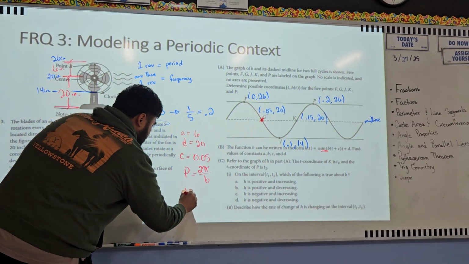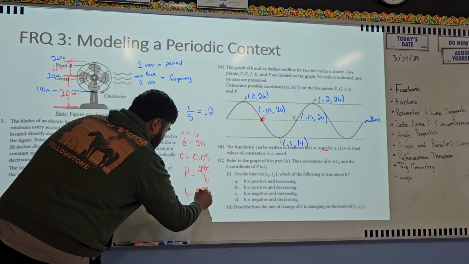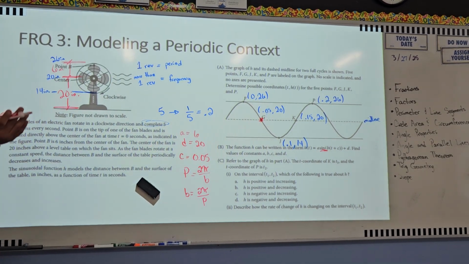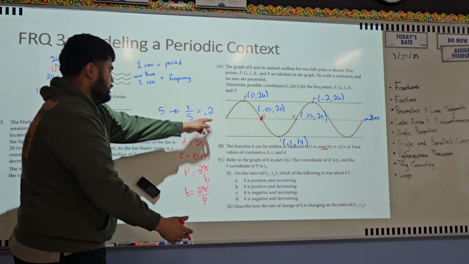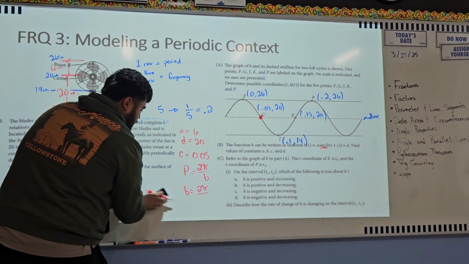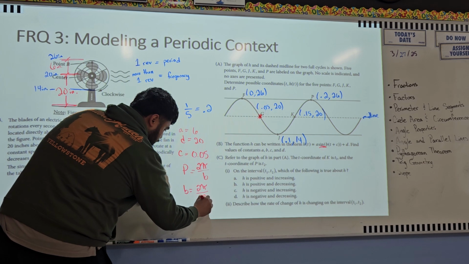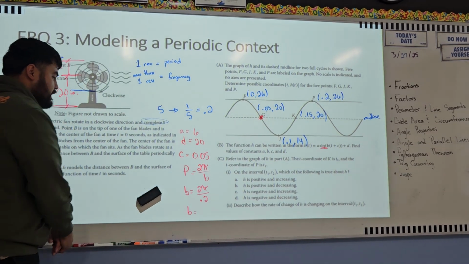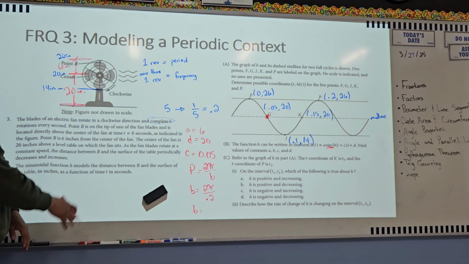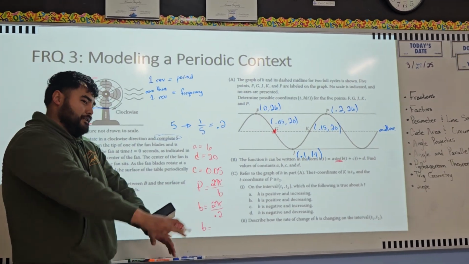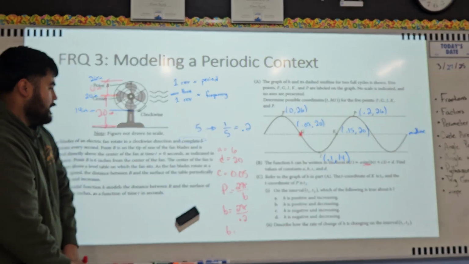B is equal to 2 pi over the period, just switch the places. What was my period? My period was this 0.2, so here the period gets replaced by 0.2. Now B is equal to whatever that gives you. We're just going to leave it like that for the most part. Let's finish this video.